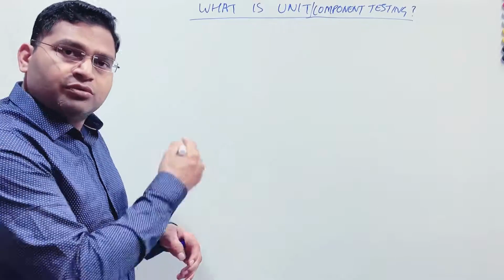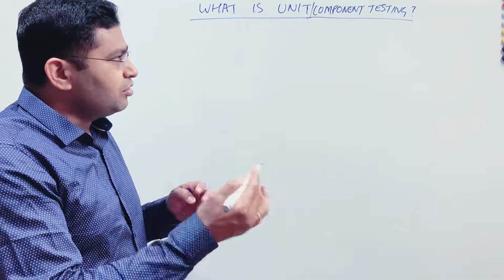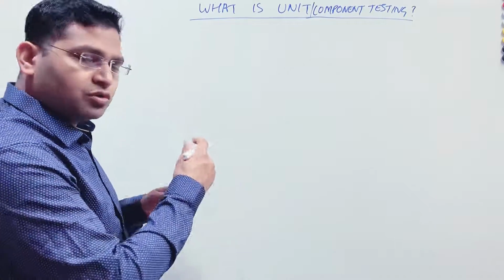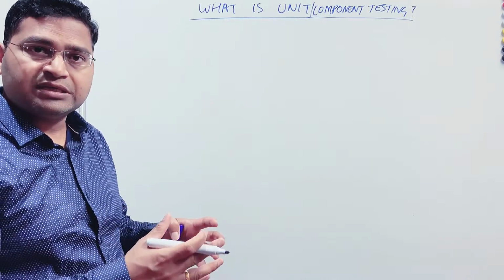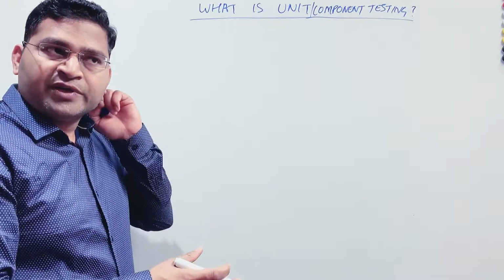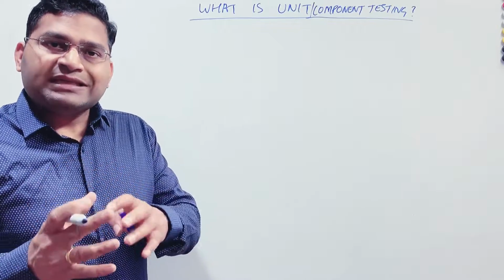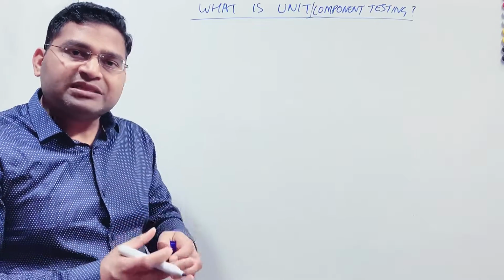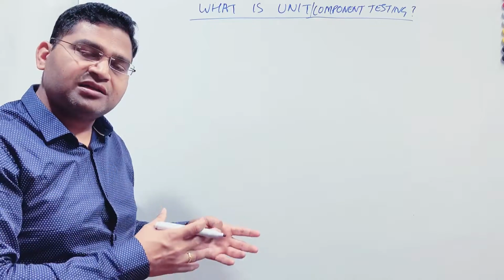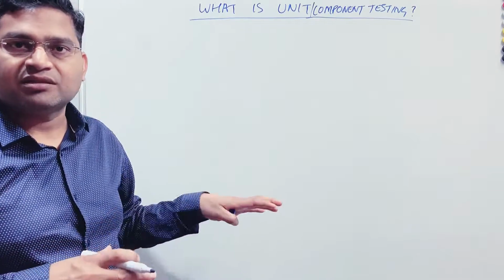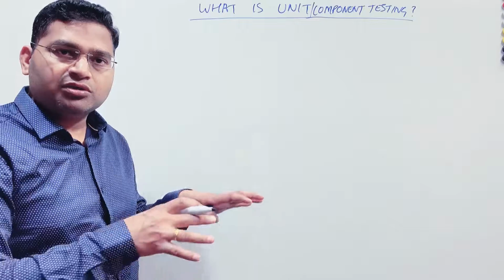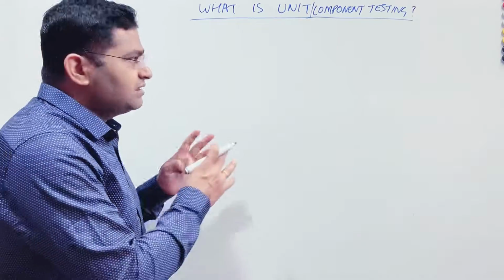Now when I correlate this with software, what could be the smallest unit in any software? In the software world, if you're writing any program, you can say a method, the smallest method that can be tested independently without interaction with any other component or unit, is a unit in the software.